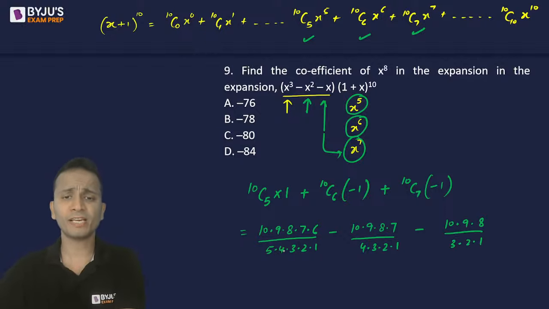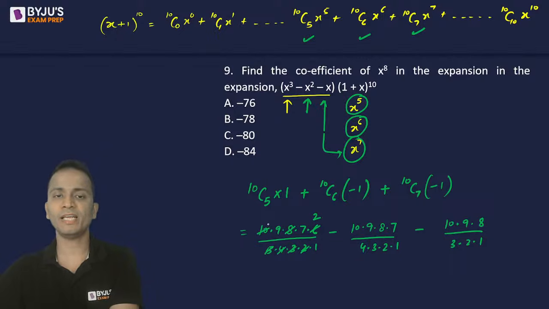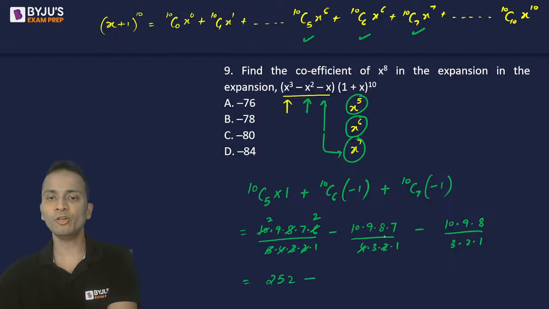अब इसको simplify कर लेते हैं. 4 into 2 is 8, 3 and 6 will get cancelled, I'll get 2, 5 and 10 will get cancelled, I'll get 2. So 7 into 9 is 63, 126, 252, minus 4 into 2 is 8, 9, 3.